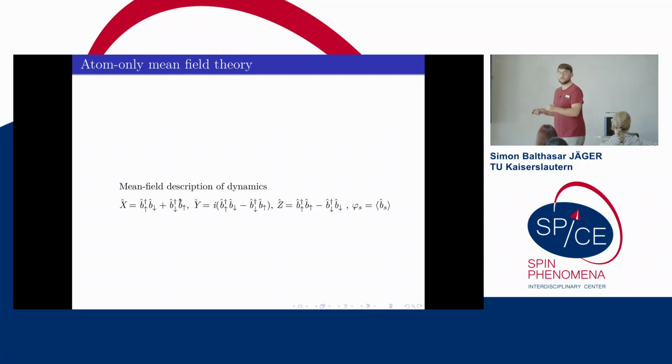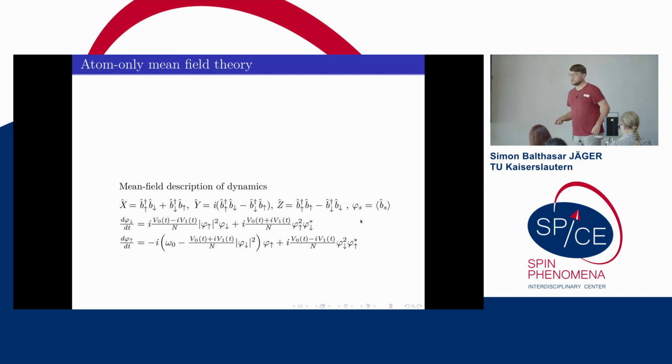And then I do a mean field approximation on the basis of the bosons. That means what I want to describe is a classical equation for this phi s, which is now just a C number. And from this description, you can basically show that there are two coupled differential equations for phi down and phi up. They are both coupled, and they are also nonlinear.